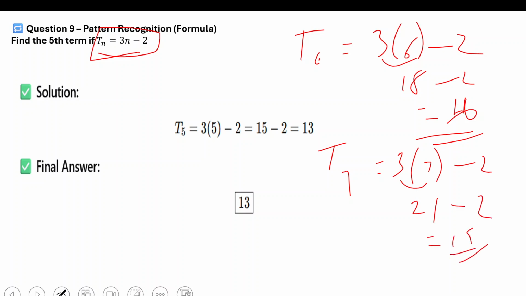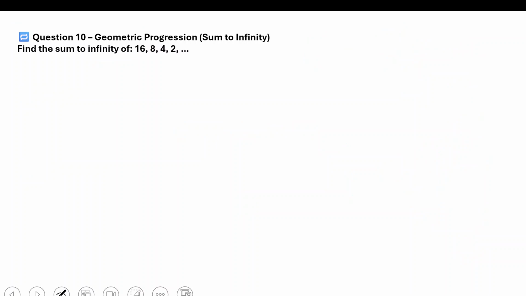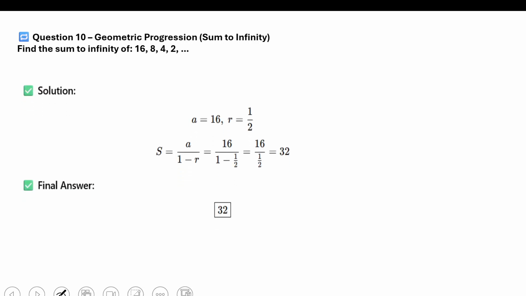All right, so number 10, geometric progression, sum to infinity. Find the sum to infinity. There's a formula for finding the sum of a geometric progression to infinity. The formula is S equals a over 1 minus r. So identify your a.